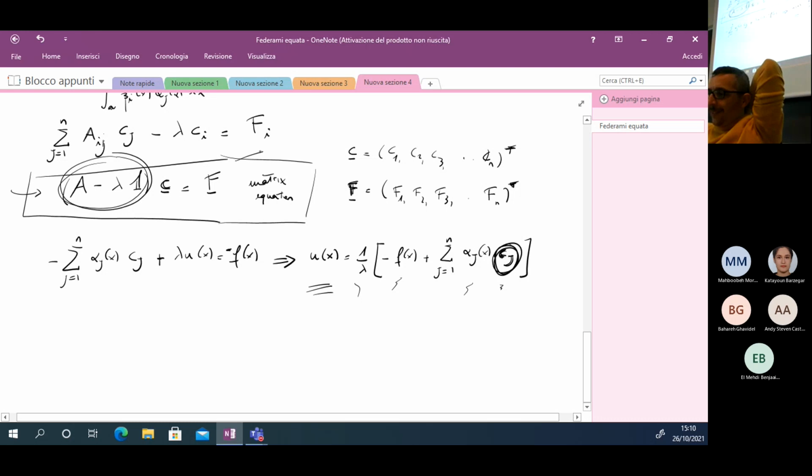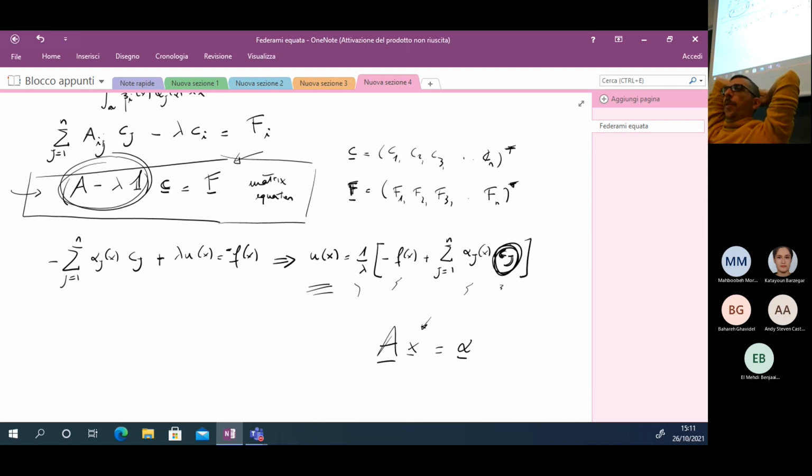do you remember? No, you don't remember. What's the solution? So, if you have a system like Ax equal to this thing here, where the unknowns are this x, in order to know if there is or not a solution of the system, what you have to do is to study the determinant of the matrix which is in front of x, the determinant of A. If the determinant of capital A is different from 0, then you know for sure that there is a unique solution.